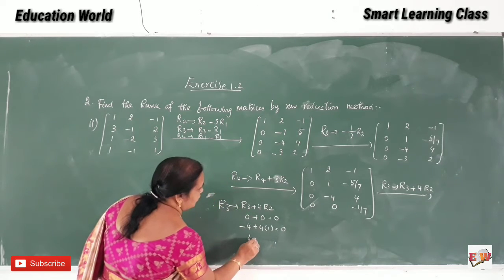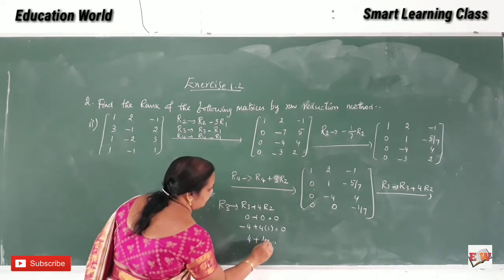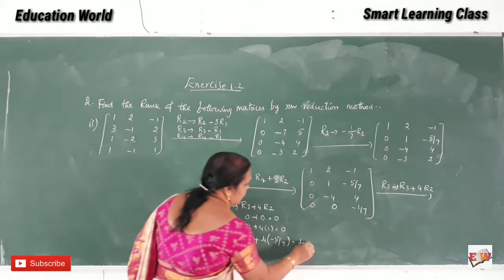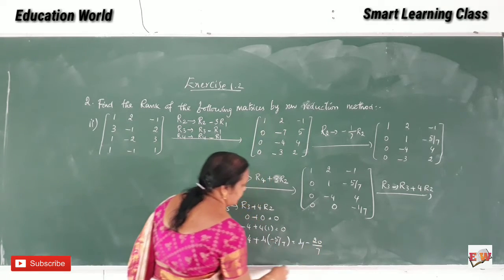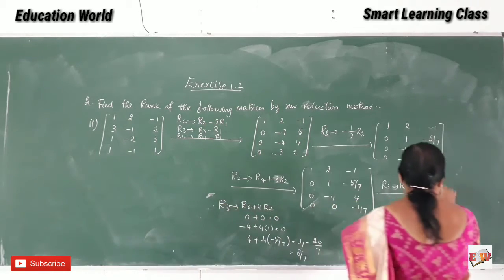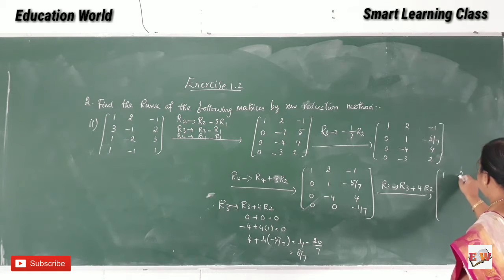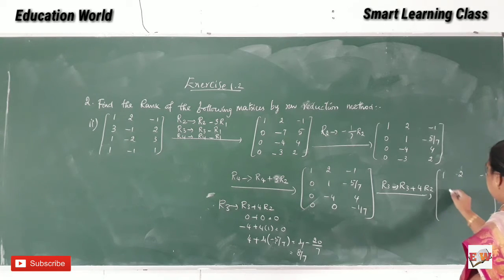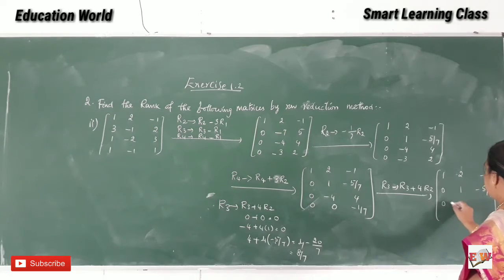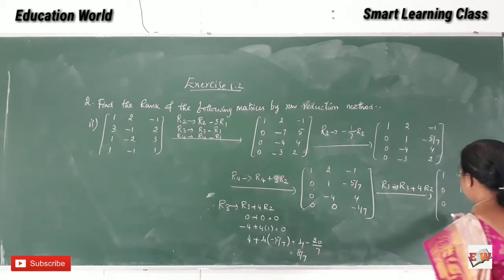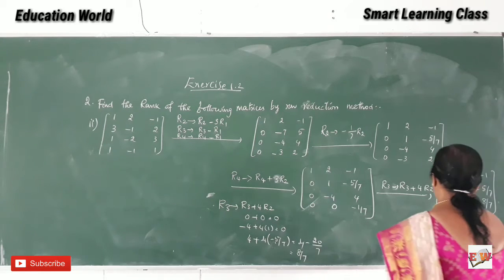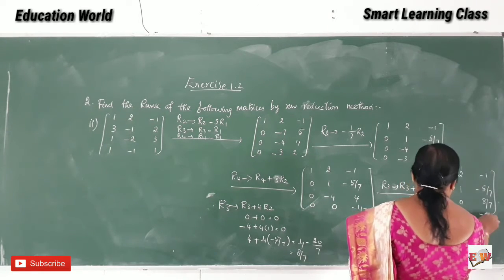Here 4 minus plus into 4 minus 5 by 7. 4 minus 20 by 7. 28 minus 20, 8 by 7. So it is coming here like 1, 2, minus 1, 0, 1, minus 5 by 7, 0, we transformed now, 0, 0, 8 by 7. Last row as it is we have to write.